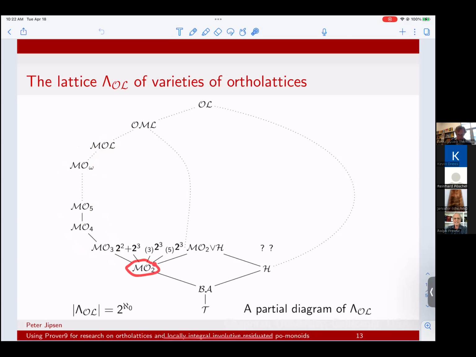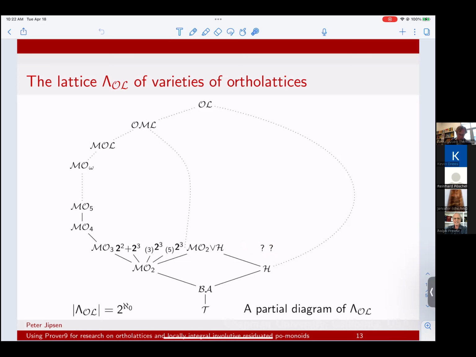And MO2 even has a list of known covers that are finitely generated. I think the full list is still an open problem. However, these five covers of MO2 come from standard stuff. But the covers of H are what I'm going to tell you more about today.